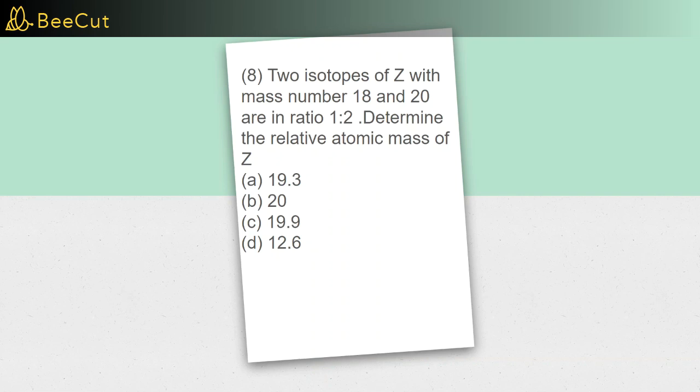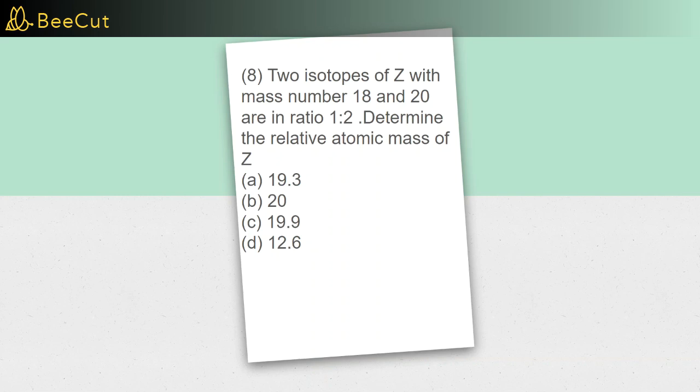18 goes to ratio 1. We multiply 18 with 1. We add it with the other isotope Z, which is 20 multiplied by 2, which is the ratio to it, divided by 1 plus 2, which is the ratio.